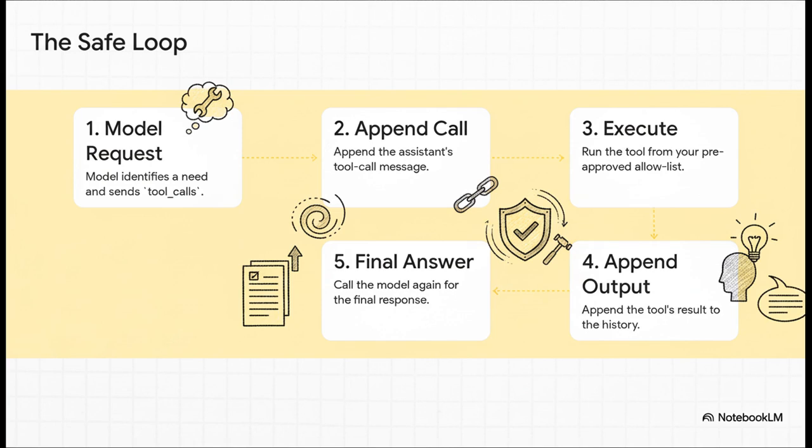Your code then adds that request to the conversation history. Then, and this is so important, you execute the tool, but only if it's on your approved allow list. After you get the result, you add that back into the history, and then you call the model one last time. This gives it all the context, all the new information it needs to give you, the user, a really helpful final answer. This loop ensures you are always in control.